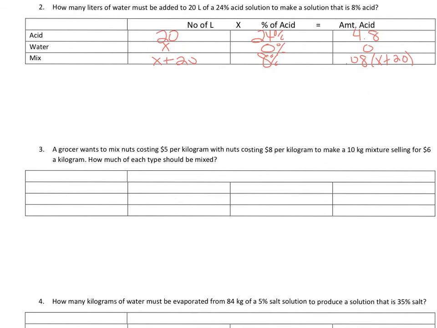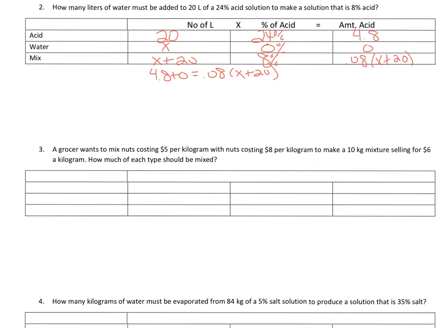This is how much acid is in my solution when I pour them together. So does it make sense that I would add these together, set them equal to this? Yeah. So my equation would be 4.8 plus 0 equals 0.08 times the quantity x plus 20.